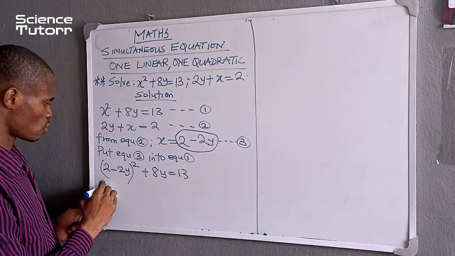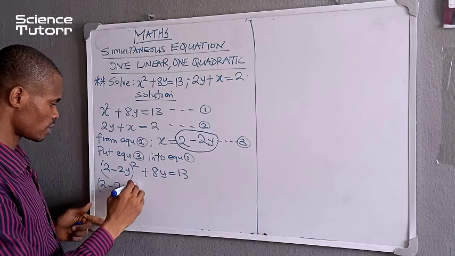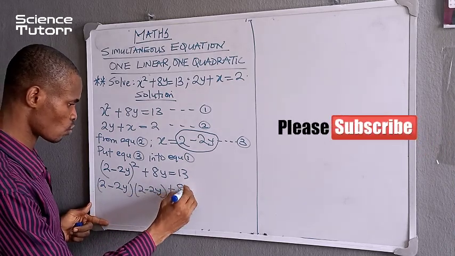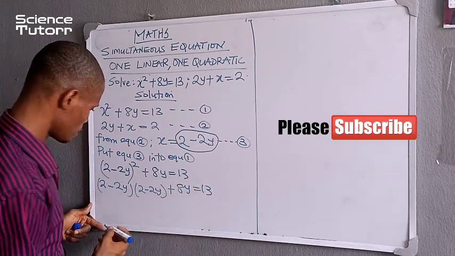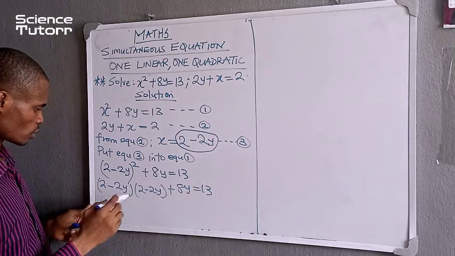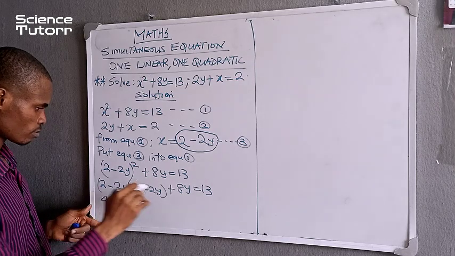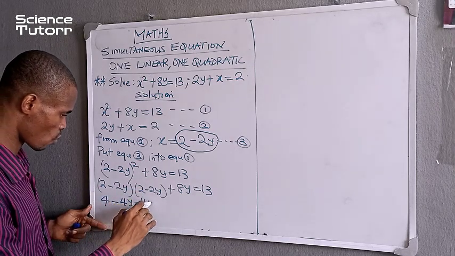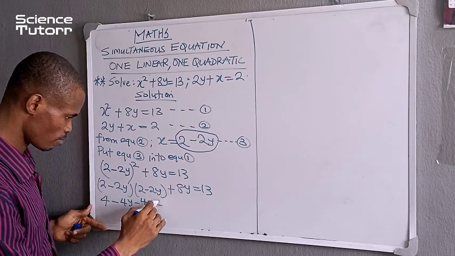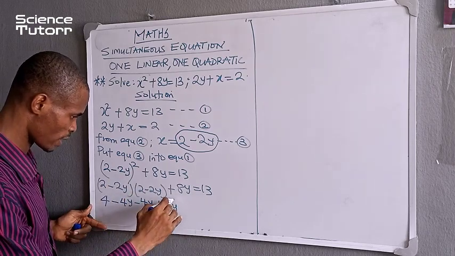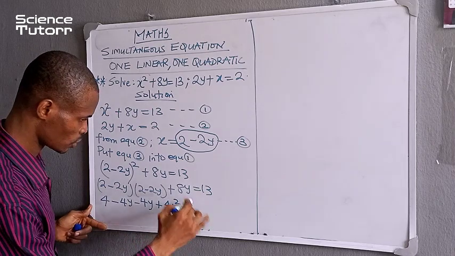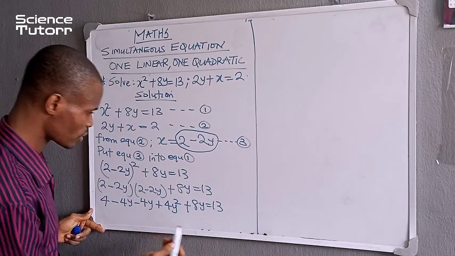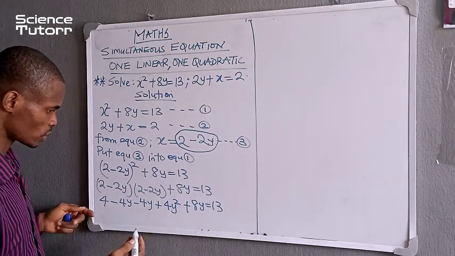So let's expand. We have (2 minus 2y)(2 minus 2y) plus 8y equals 13. Now, expanding this, we are going to get 4 minus 4y minus 4y plus 4y squared plus 8y equals 13. So let's rearrange these terms and then equate to 0.